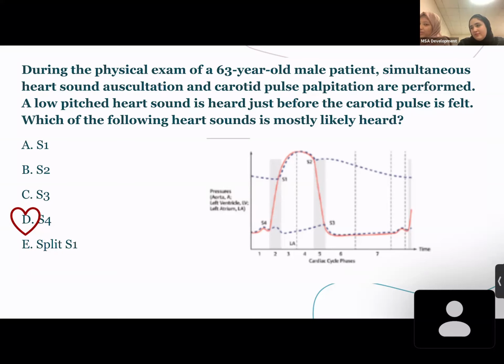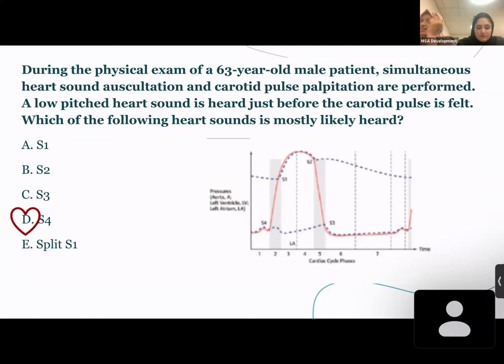S4 happens usually in concentric hypertrophy, which means that in hypertension, high blood pressure, the left ventricle starts to undergo hypertrophy, meaning there are more muscles in the left ventricle to accommodate the high blood pressure, right?